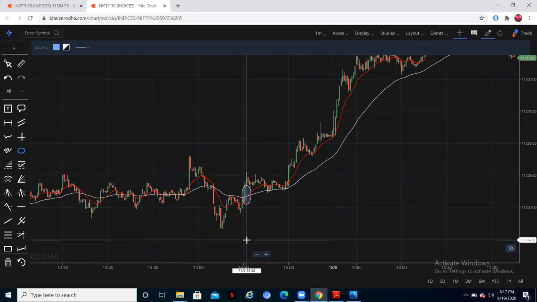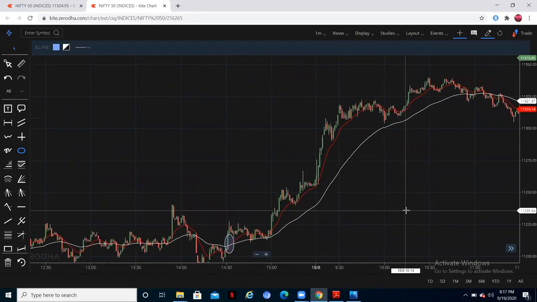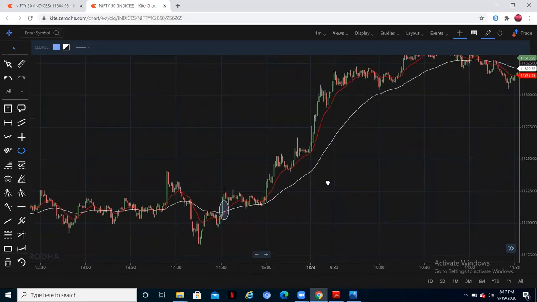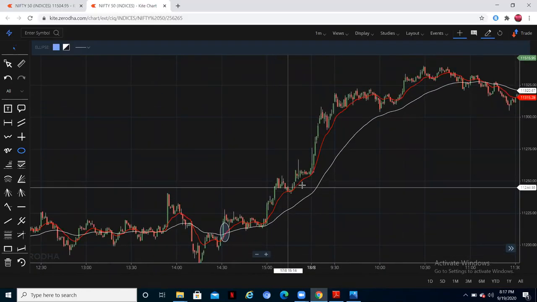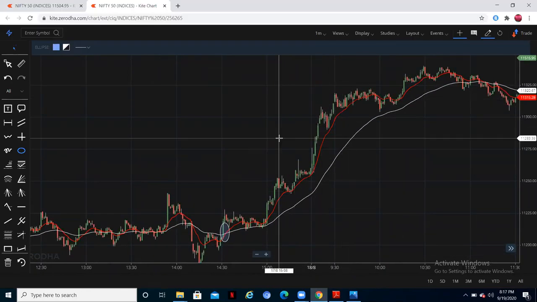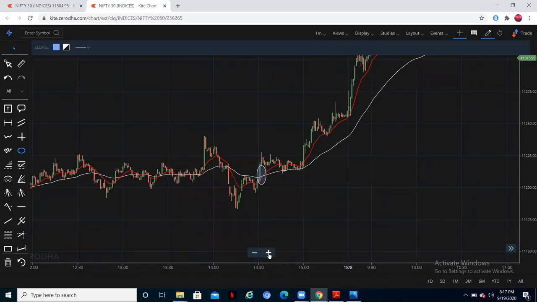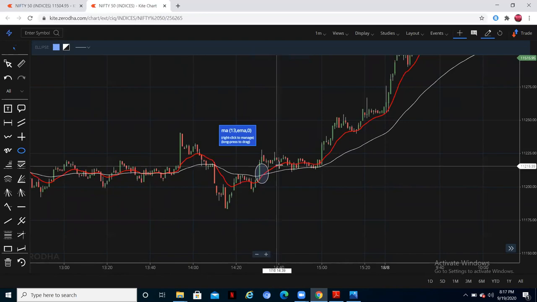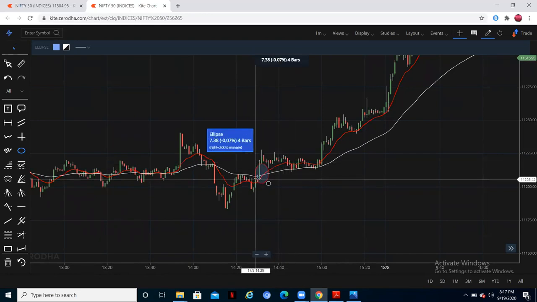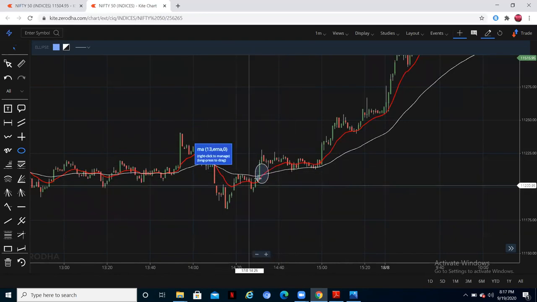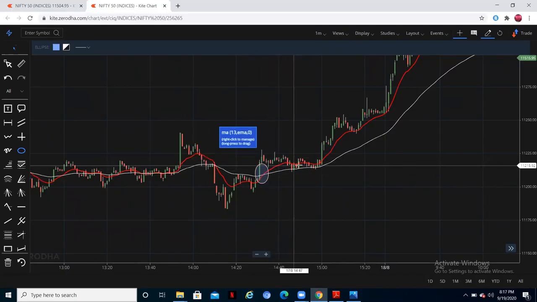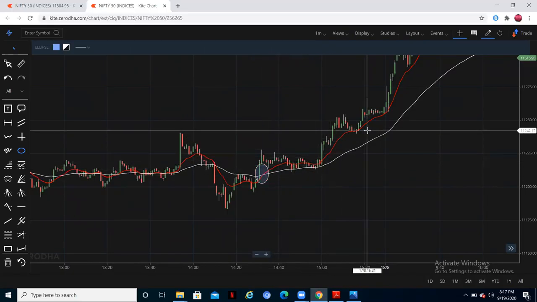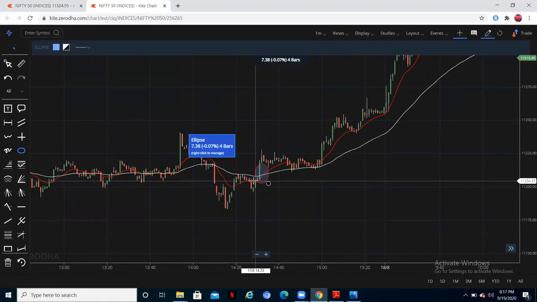I told you the red one tells you about the direction of the stock, but we needed a point from where we could analyze that the market is reversing, or the stock is changing from its previous trend, or is likely to give you a new trend. So basically we are going to work on the intersections of these two.